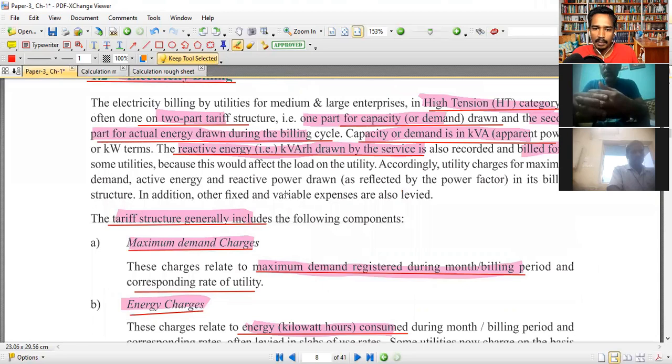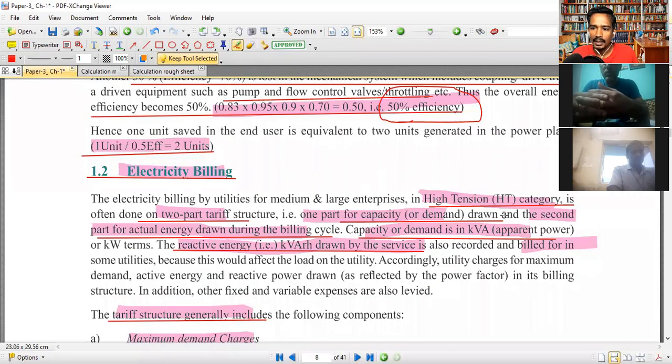Next we are going to see the billing. You already know what billing is available. For the HT line, it is maximum demand and actual energy, kVA and kilowatt hour. Here you can see now. Yes, sir. Actual energy and this one, capacity maximum demand.